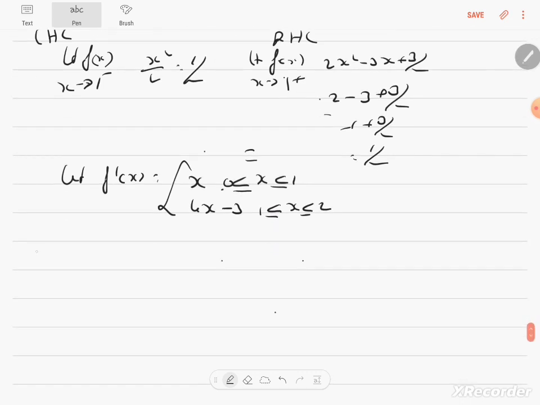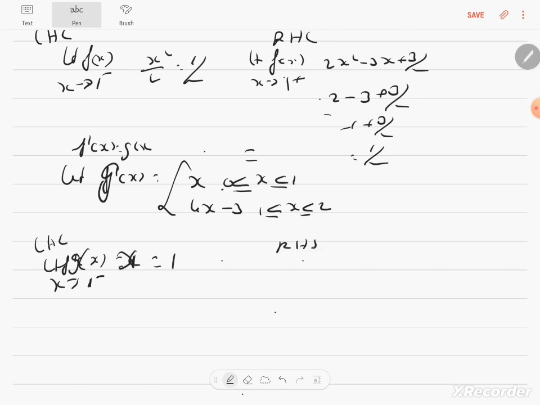And now let's see the left hand limit. Let's consider f dash of x as a new function, g of x. In that case, limit of g of x as x tends to 1 from the left: you put x as 1 and the answer will be 1.